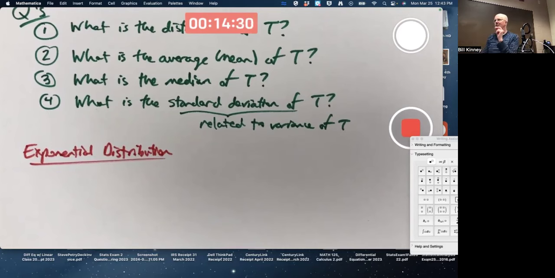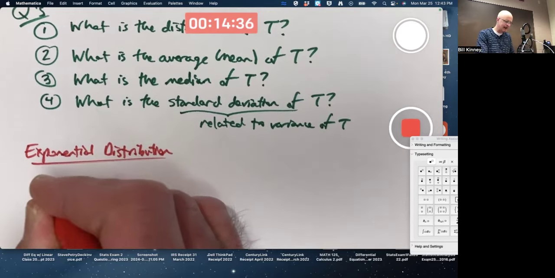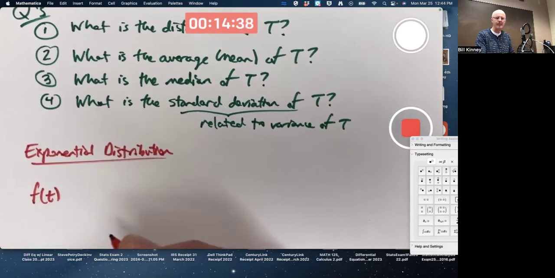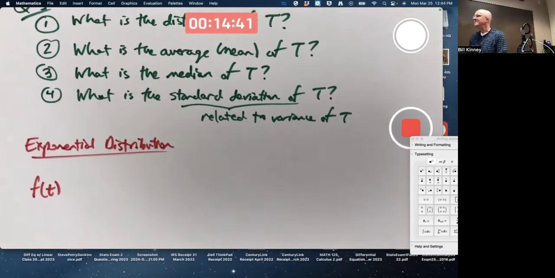Although I'm going to be a little bit more picky about how I describe this PDF today. It's an exponential decay when t is greater than 0, and it's 0 everywhere else.